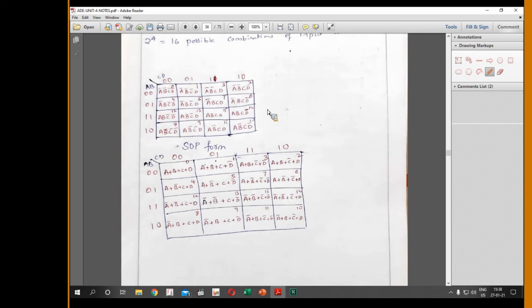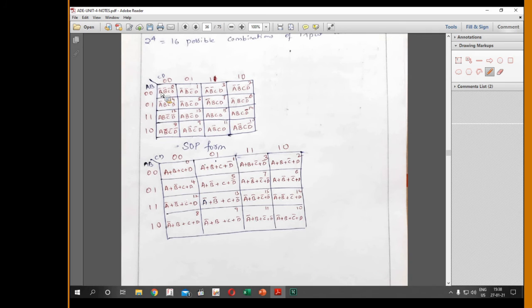Okay, all right. So SOP form has 16 binary cells, and this is your POS form, 16 binary cells. M0, M1, M3, M2, M4, M5, M7, M6, M8, M9, M11, M10, M12, 13, 14, and 15.